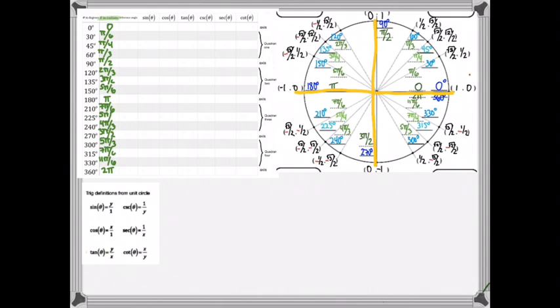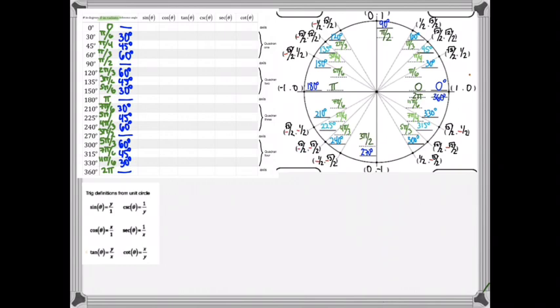So I'm going to fill out the reference angles right down here. And we're not going to use them per se in this video, but they're going to be super important in the next videos when we start to put things together. So I wanted to introduce them here. So here's what they look like. Okay, so there's all the reference angles done out.